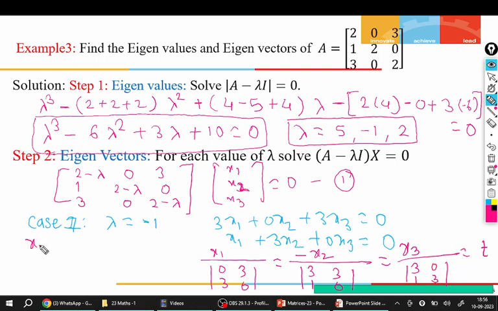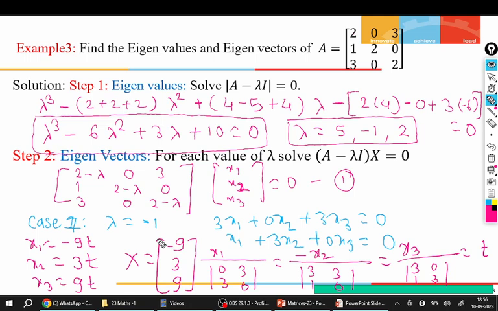What about x1? x1 equals 0 minus 9, so minus 9t only, similar to the previous. x2 equals, this is 0, this is minus 3, so minus minus is plus, x2 is 3t, and x3 is 9t. Now our eigenvector x is (-9, 3, 9), or (-3, 1, 3), and (-9, 3, 9) is the eigenvector for lambda equal to minus 1 at t equal to 1.